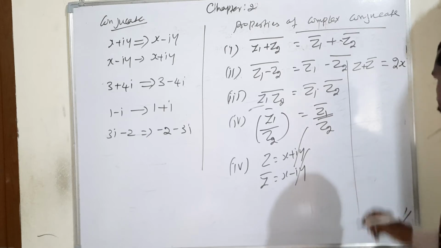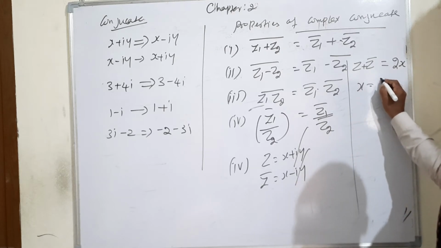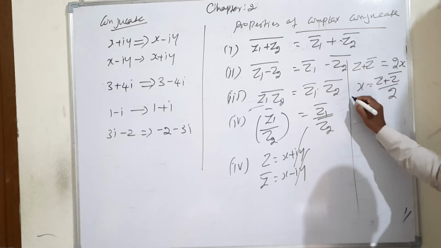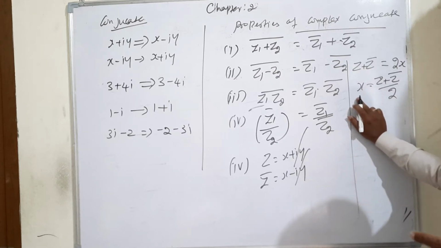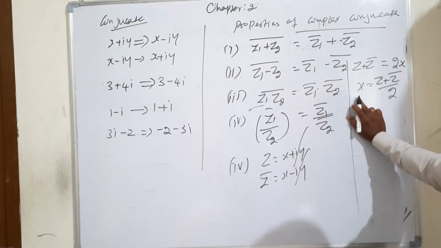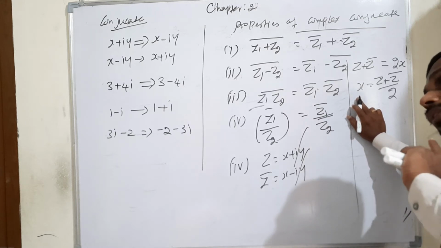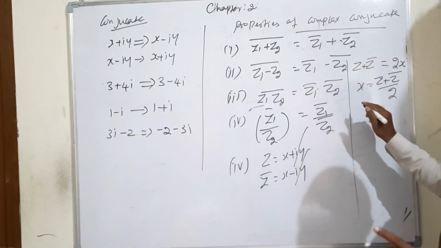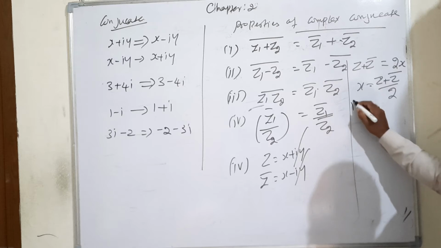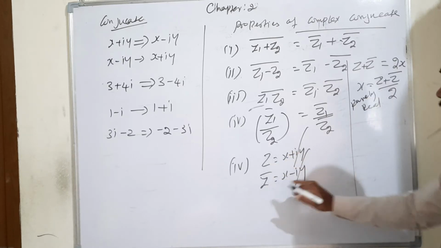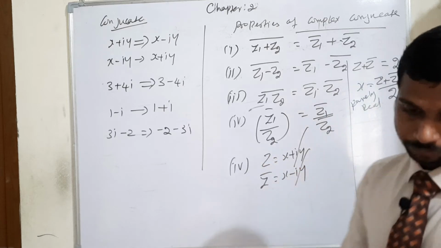Therefore it is 2x, so x is equal to Z plus Z bar by 2. I already explained in video number 1, basic concept part 1, that when y is equal to 0 and x is some value, it is called purely real.